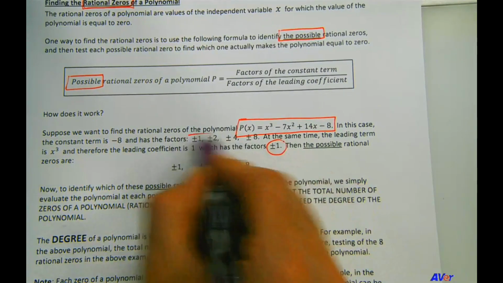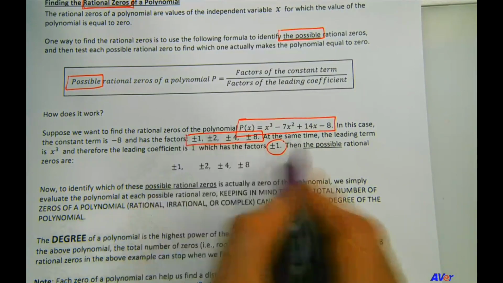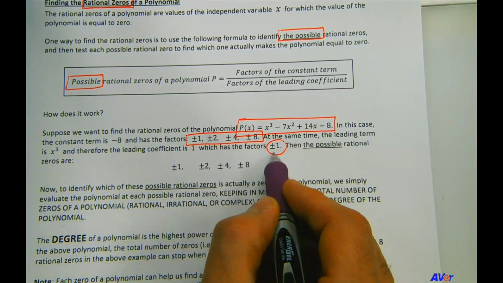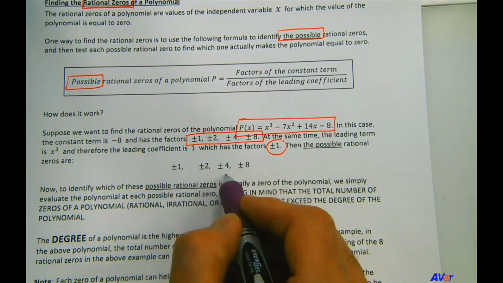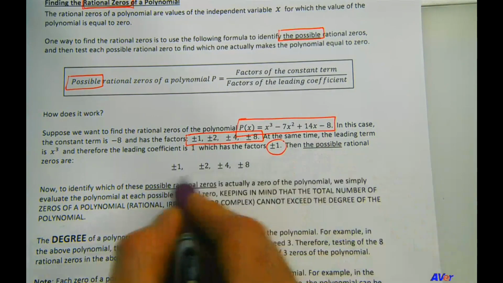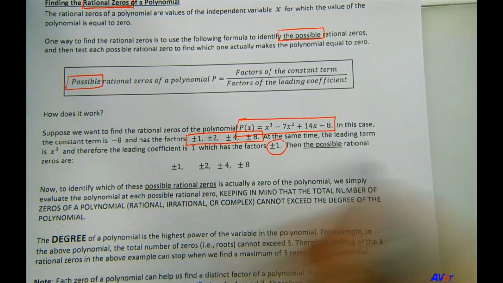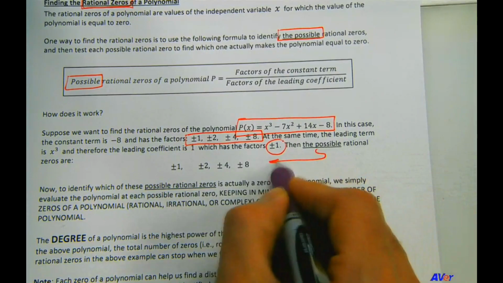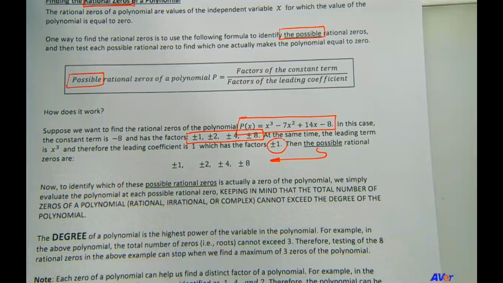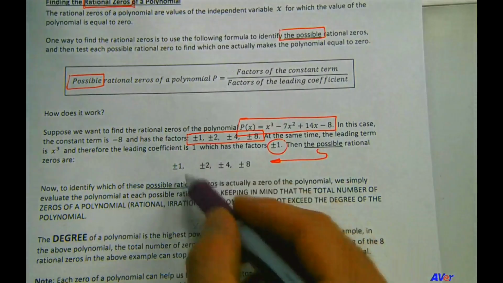So these numbers divided by these two will give us these. What you see in the middle of the page here are the possible rational zeros. Not that all of these will work. In fact, it's impossible that all of these will work.